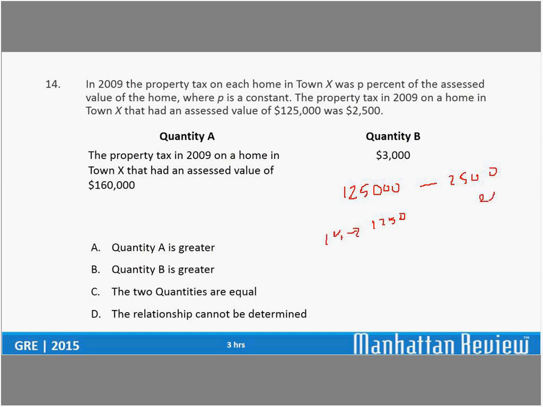So double this, it is 2%. So if the assessed value is 160,300, obviously the tax has to be 2% of this value. Since we understood it is 2%, it has to be close to $2,100. And your quantity A is greater than quantity B.